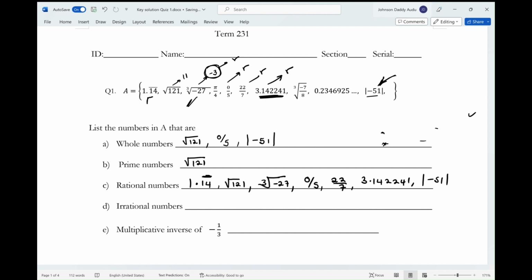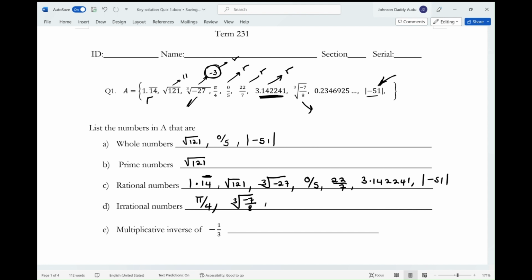Then irrational numbers. What are the irrational numbers? Clearly you can see that this one, pi over 4, is irrational. This is also irrational. The cube root of minus 7 over 8. Why is it irrational? It's irrational because of the numerator.